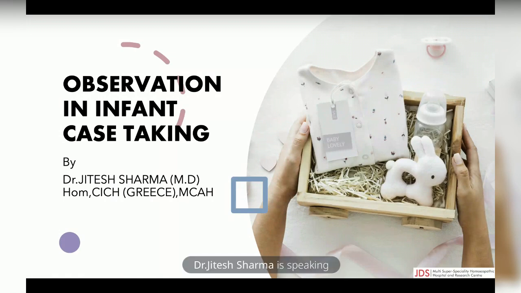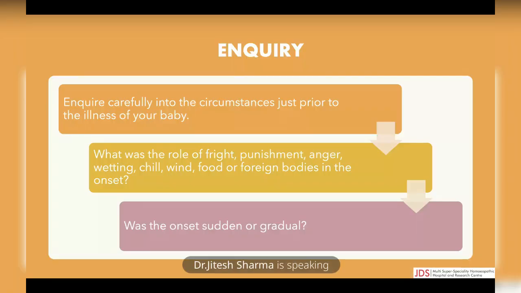So today's session, we're going to speak about observation in infant case taking. What things do we need to observe during the case taking of an infant? First, we need to inquire carefully into the circumstances just prior to the illness of the baby, like what had happened when the baby fell sick.